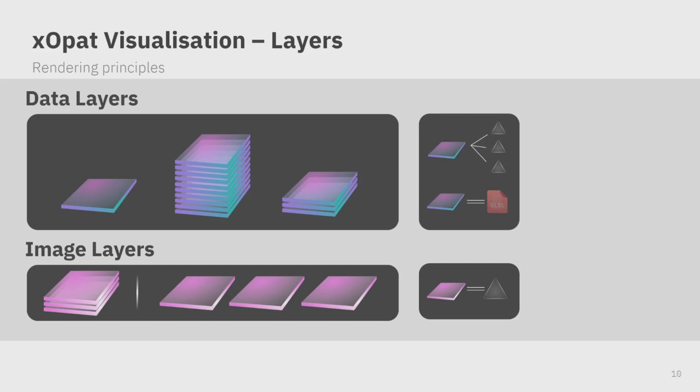Atop image layers, we render data layers. These are always rendered superimposed, as they form a visualization goal, a description of an intention. Each of these columns represents one visualization goal. Only one goal can be shown at a time.